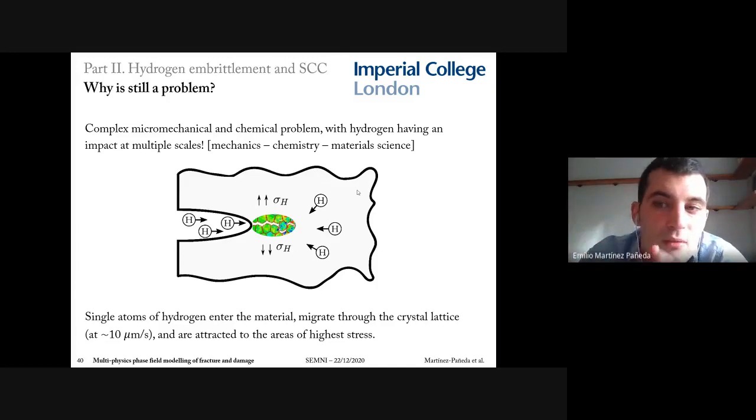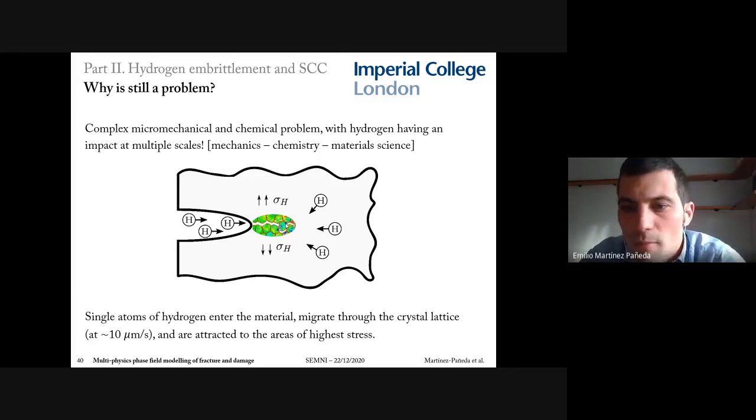In broad terms, what we know is that atoms of hydrogen enter the material, migrate fast through the crystal lattice, and are attracted to areas of high hydrostatic stress or high volumetric strains, where the lattice expands and there's more space for the hydrogen. But then in the fracture process zone, the hydrogen interacts with the material in many different ways and at multiple scales, changing the bonding strength, the dislocation mobility, stabilizing vacancies, and so on.